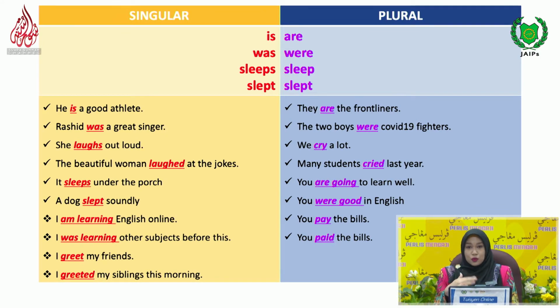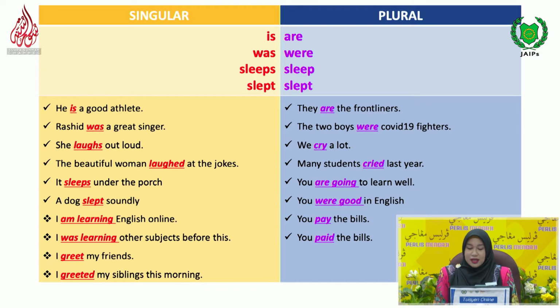I believe you guys know this well. So when a plural subject, you need to take the plural verbs. So the plural verbs are, again, are, were, cry, cried, are going, were going, pay, and paid. Okay? Do you get it now?